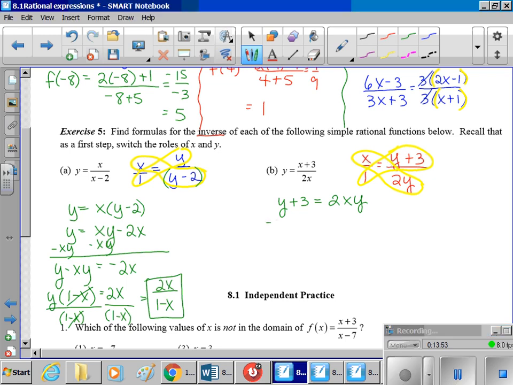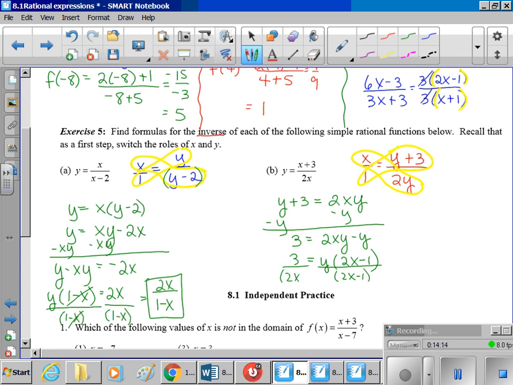So I guess we should bring this over to this side. So I get 3 equals 2xy minus y. Factor out the y, and divide by what's left. These cancel.